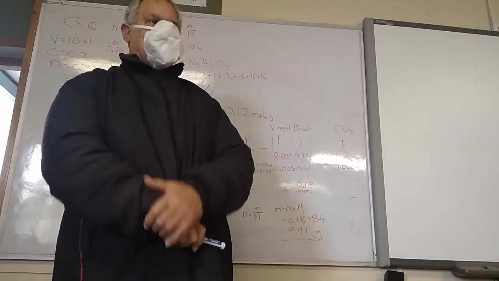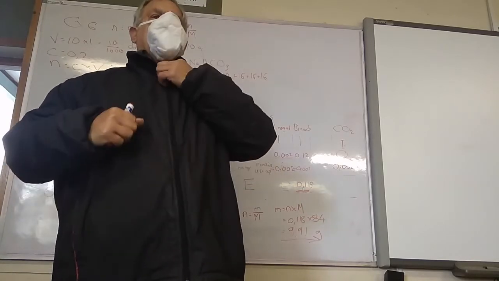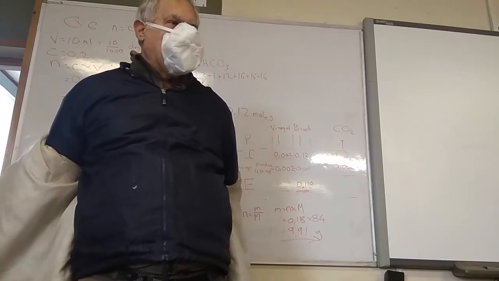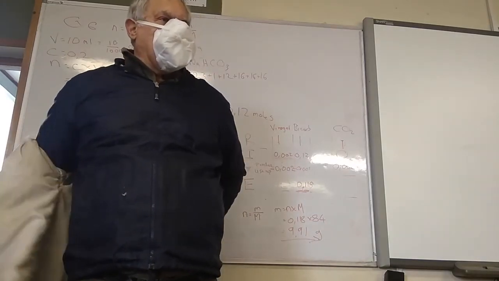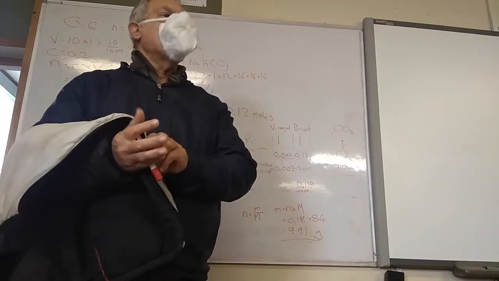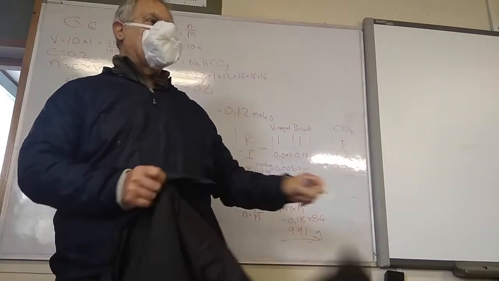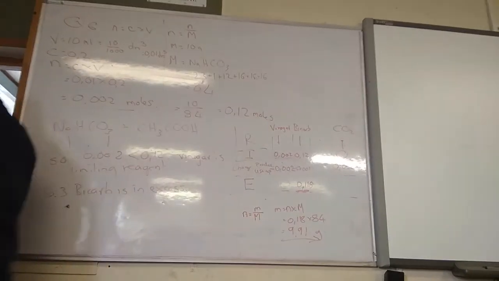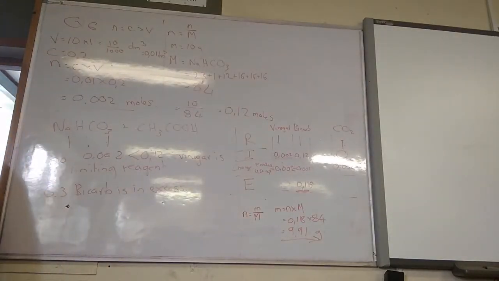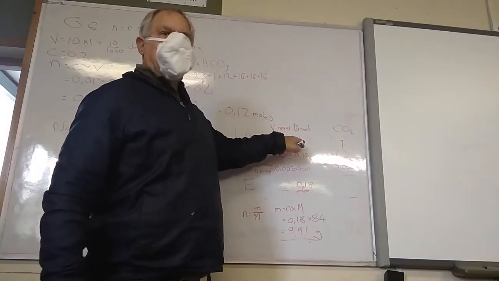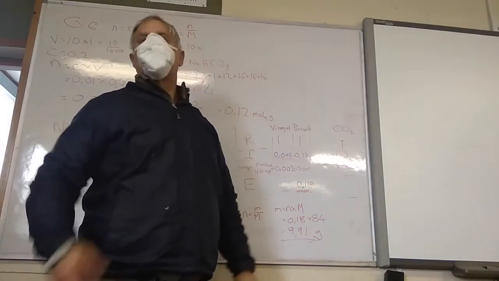Because the ratio is 1:1. So whatever you use up will be produced. As much as we use up in moles will be produced in moles. Exactly. Because this is like a formula for baking. If you use up 1 egg and 1 cup of flour, you get 1 waffle.